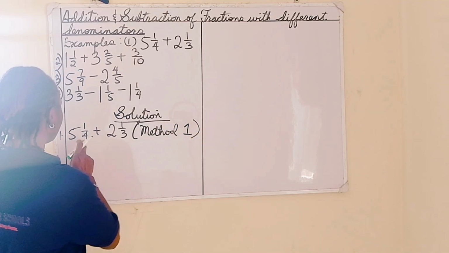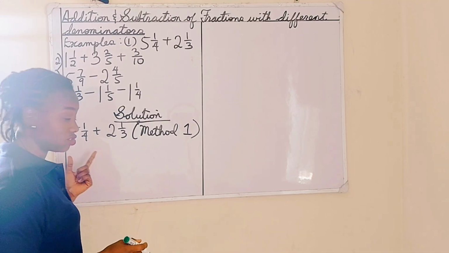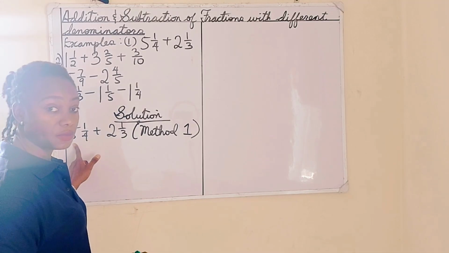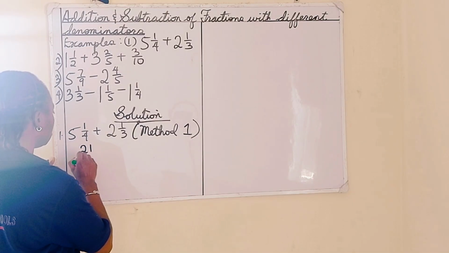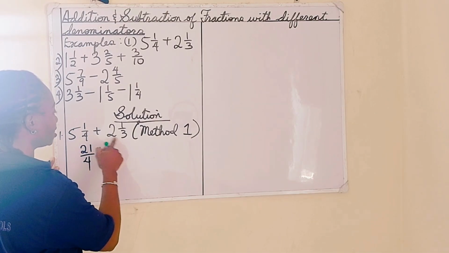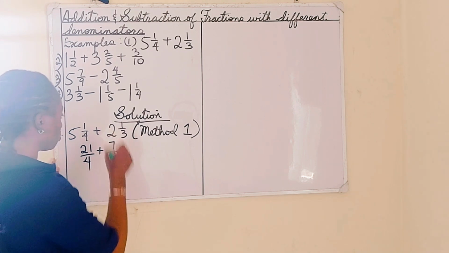So we have 4 times 5. We're expanding this to an improper fraction, right? So we have 4 times 5 is 20. 20 plus 1 is 21 over 4. Plus 3 times 3 is 6, and 6 plus 1 is 7 over 3.